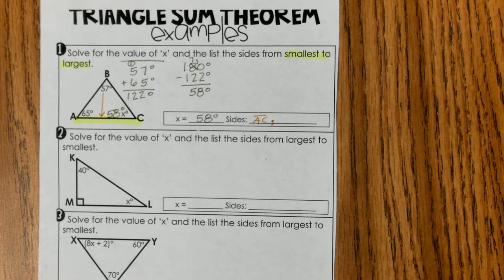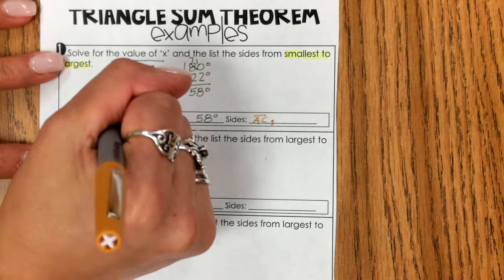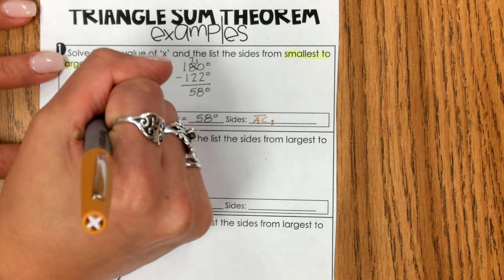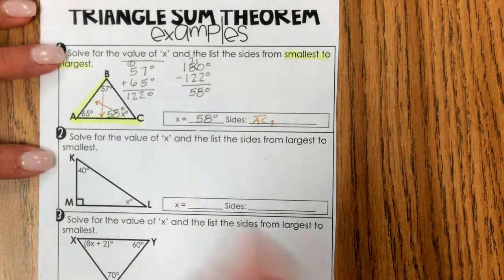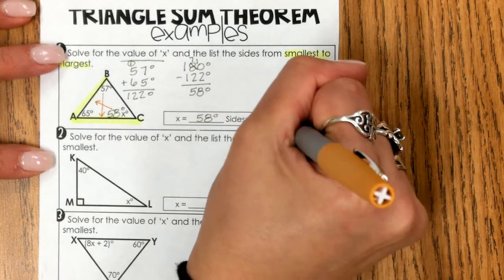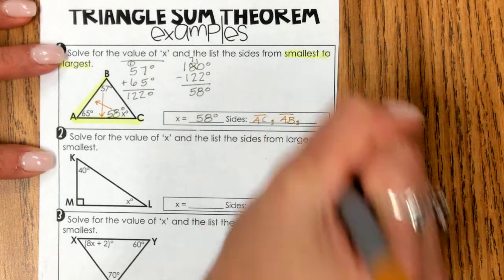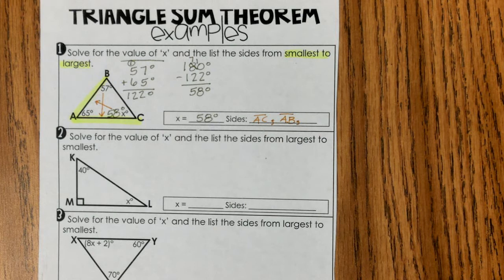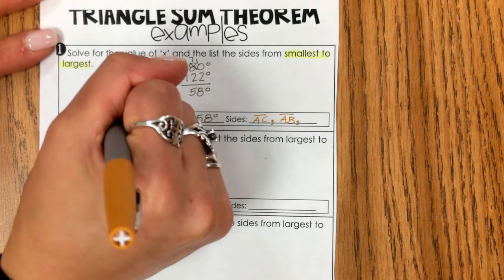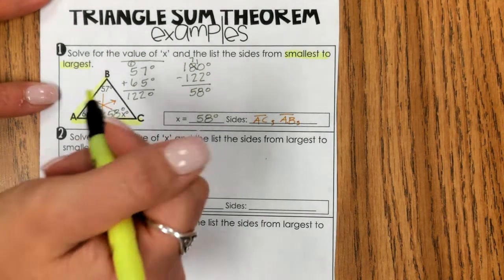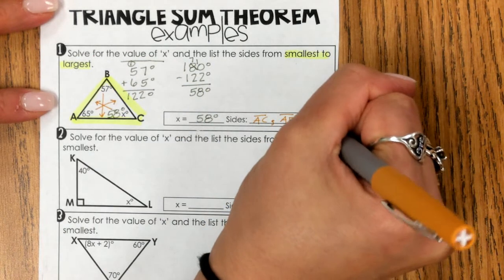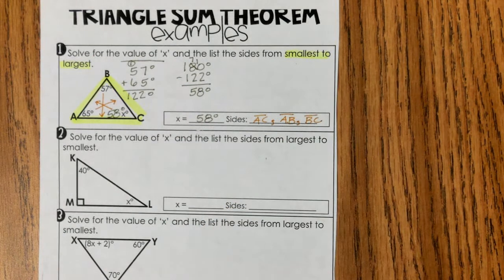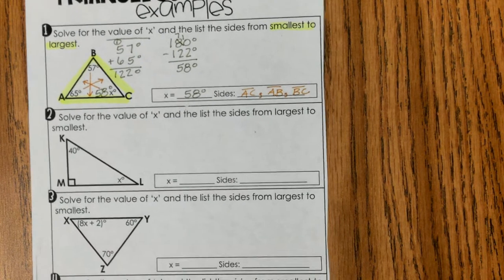Then I would go back, I'm going to look for the next angle, which would be 58. Across from that would be AB. Okay, and then the last one would be obviously 65, and across from that would be very good. Alright, so that's how it's going to work for each one.